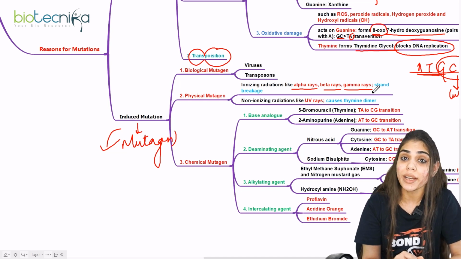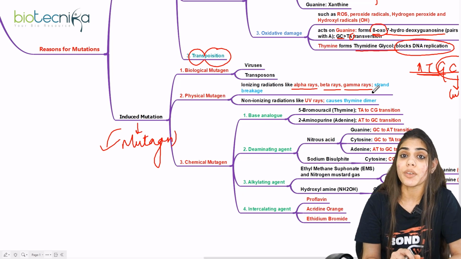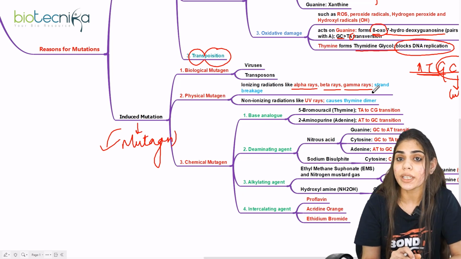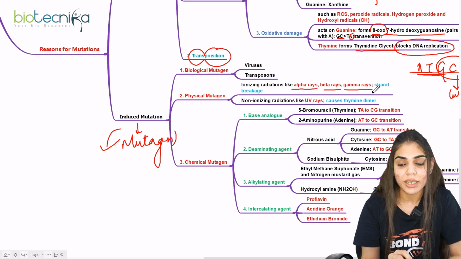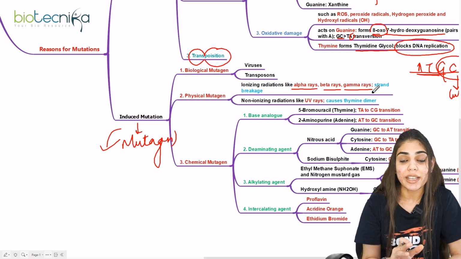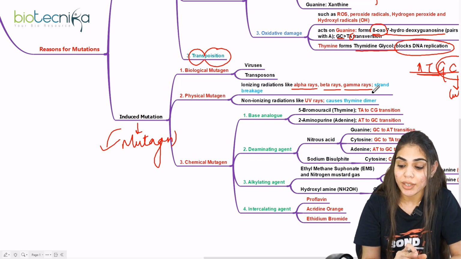But what about non-ionizing radiation? They are not able to ionize the DNA, so in turn they will cause the formation of dimers. What is the most frequent type of dimer formed in DNA in the presence of non-ionizing radiation? That is the thymine dimer. The example of non-ionizing radiation is UV rays.